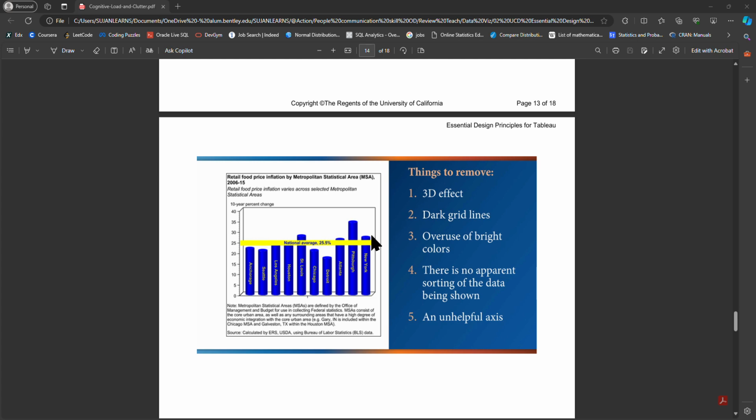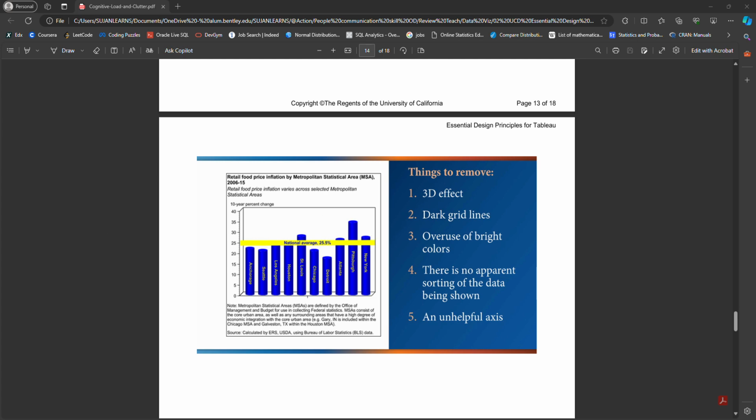Having some kind of sorting would definitely help the reader to understand what is going on. And fifthly, the axes, the x and y axes, do not have a meaningful definition for a user to understand what is actually going on here. So it's not that helpful.